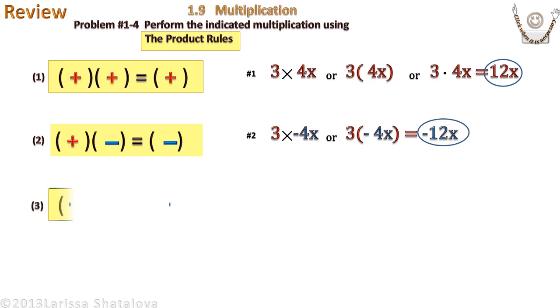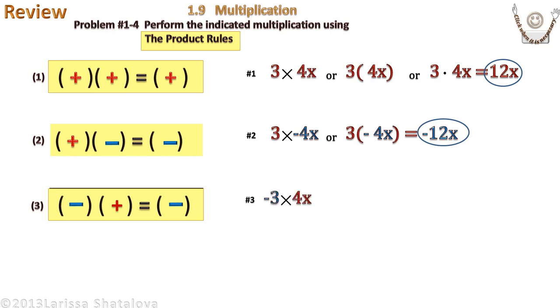Rule number 3: negative times positive results in negative. Example number 3: -3 times positive 4x, or you can show -3 and then (4x) within parentheses, or -3 times 4x using a dot. The result would be -12x.